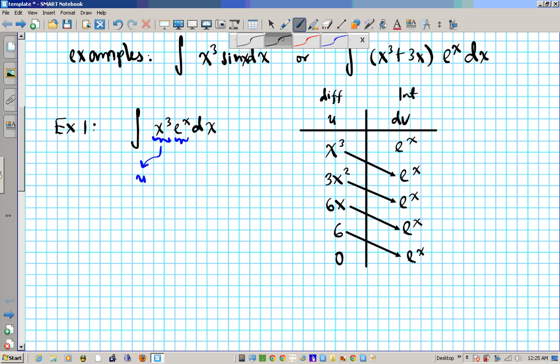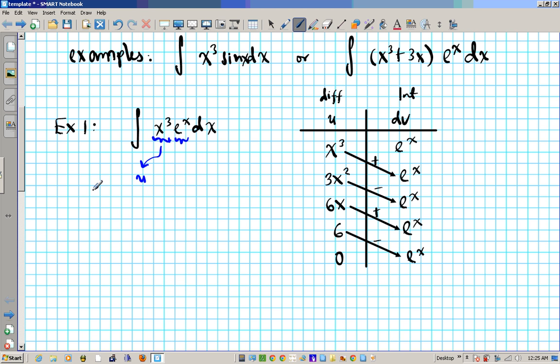The signs always start with positive, first one is always plus, and then all the signs alternate: plus, minus, plus, minus. What these arrows mean is that you're multiplying this term by that term, that's the uv, and then the next term by the next, and so on. The integral of v du for the last term is going to be 0, so it won't count.